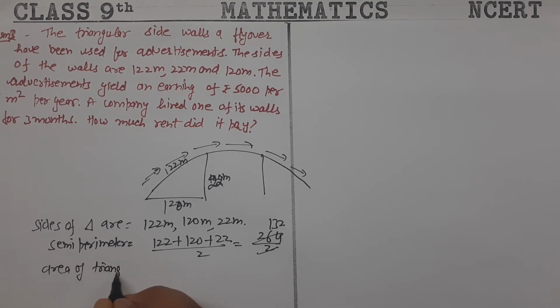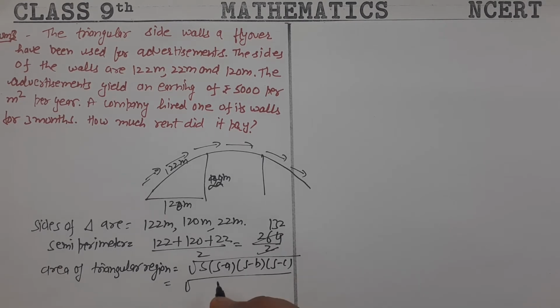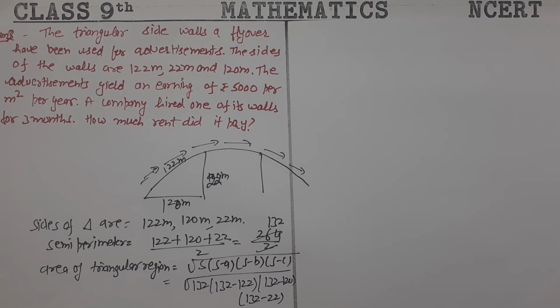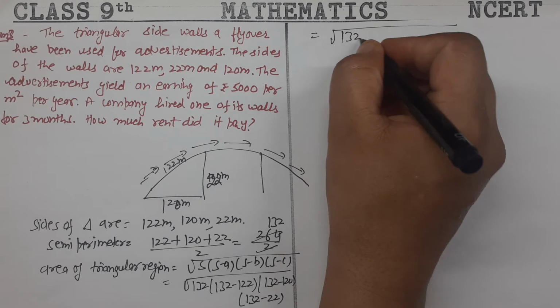Area of the triangular region using Heron's formula. Now putting the values, S is 132.